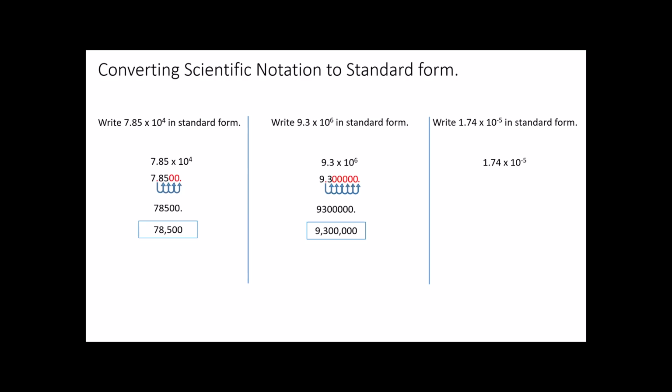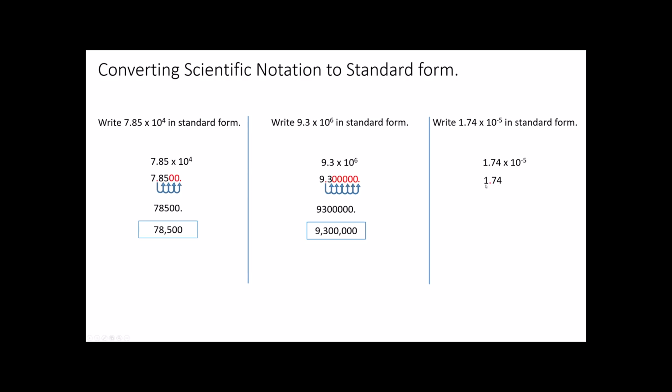Last one. 1.74 times 10 to the negative 5th. Since it is 10 to the negative 5th, I know I'm actually multiplying by 1/10, which means this number should be getting smaller, which means I'm going to take that 1.74 and move the decimal in order to make it smaller. Moving it to the right makes it bigger.